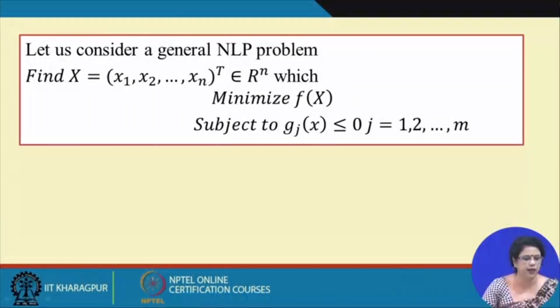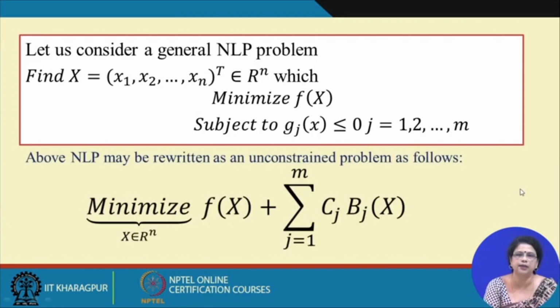That is why we can convert this constrained minimization problem into an unconstrained minimization problem as minimization of the objective function plus summation Cj Bj, where Bj is the penalty function. In the interior method we call it a barrier function.